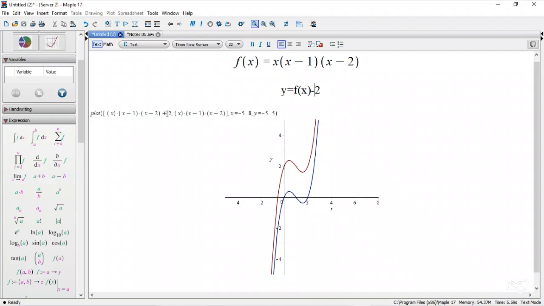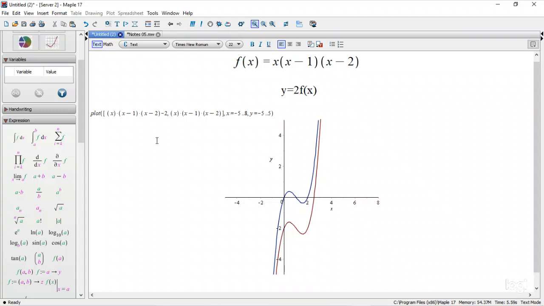Then let me change it. Now you can see the red graph, the root is shifted down to (minus 2, 0). The blue one is the original graph as usual. And so this is a translation on the y-axis.